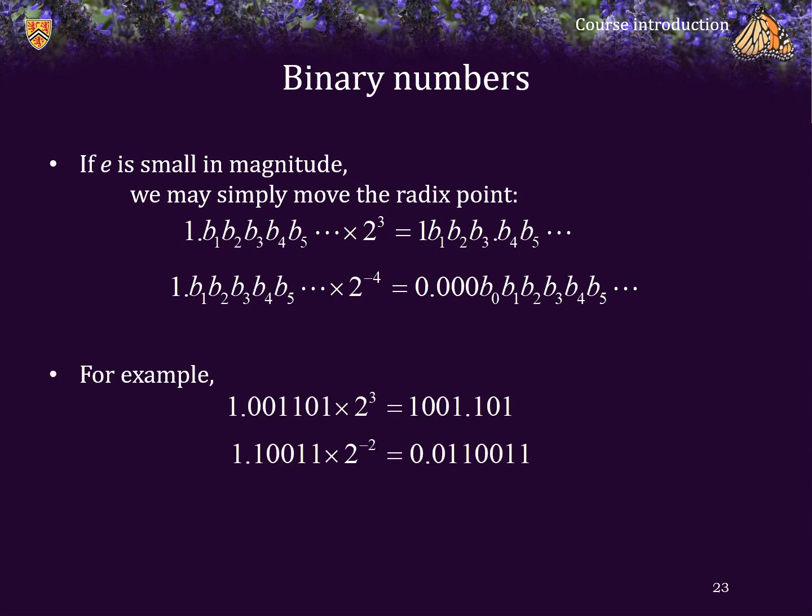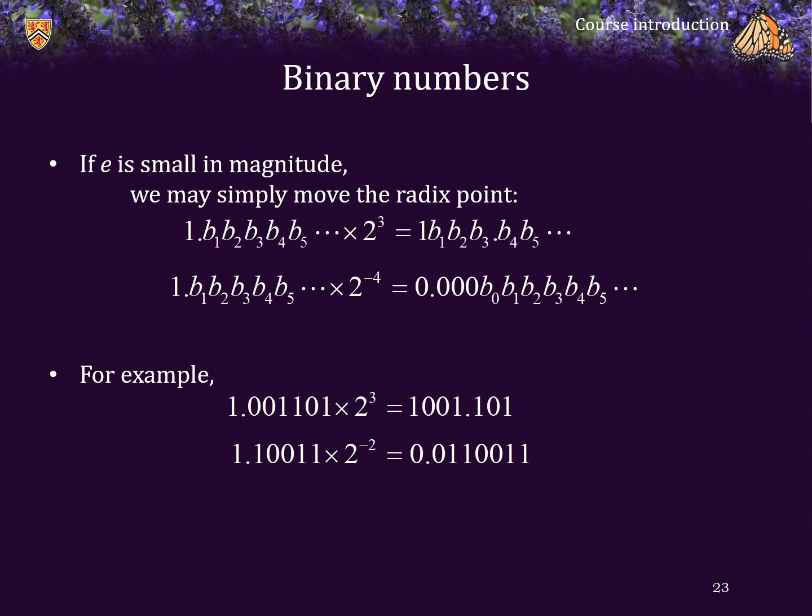So, for example, this binary number times 2 to the 3 is the same as 1001.101. And this second number times 2 to the negative 2 is the same as 0.0110011.